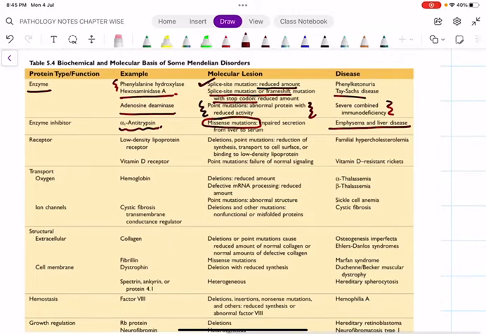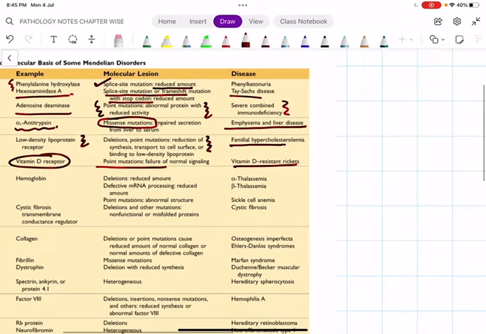Receptor deficiency: we have the most important one, familial hypercholesterolemia, which is an autosomal dominant condition, with point mutations or deletions, of the low density lipoprotein receptor. Vitamin D receptor, again point mutation, causes vitamin D resistant rickets, which is X-linked dominant. This is autosomal dominant.